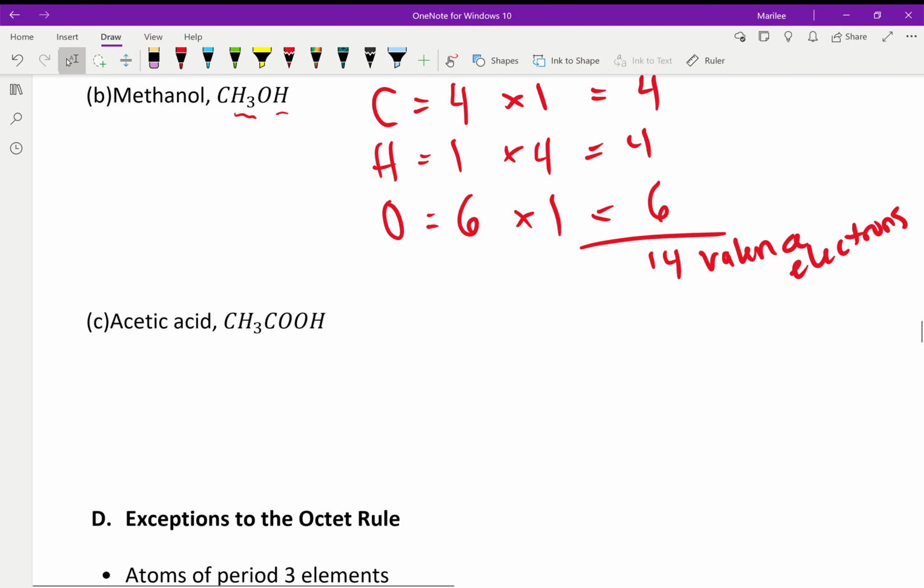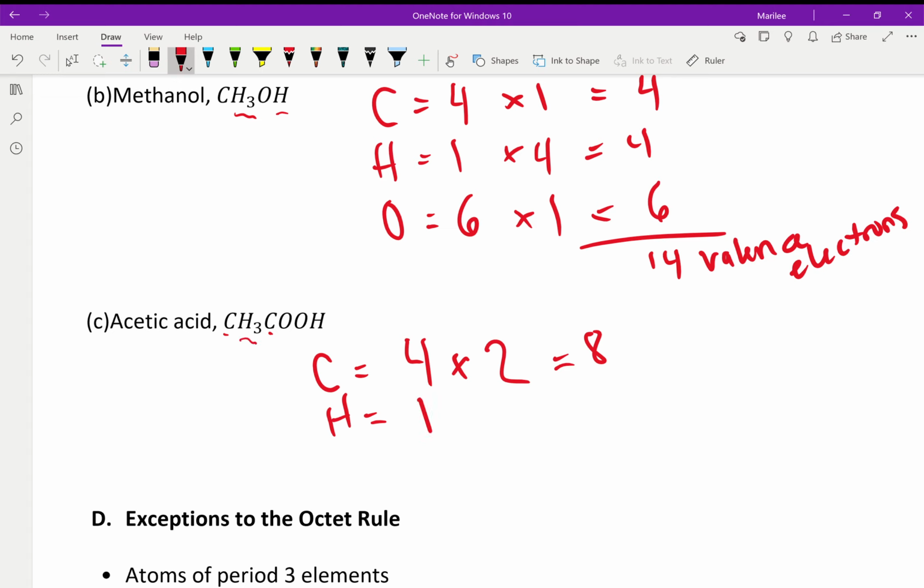Another example here is acetic acid. So we have the carbons. Carbon has 4 electrons on its most outer shell. We have 2 carbons here, so we multiply it by 2. That's 8. Hydrogen, how many hydrogens do we have here? Hydrogen has 1 electron on its most outer shell.